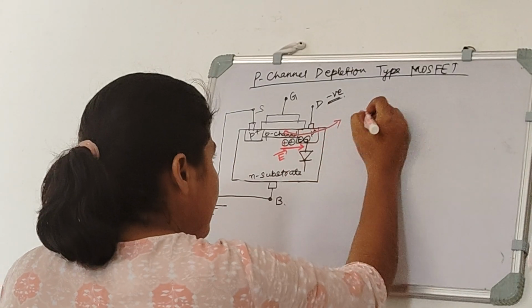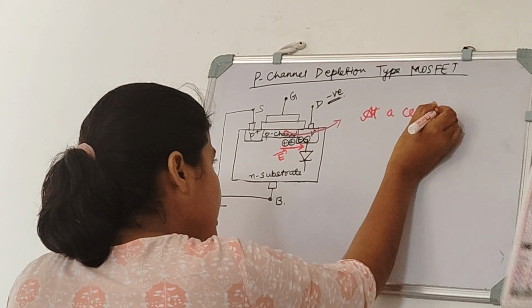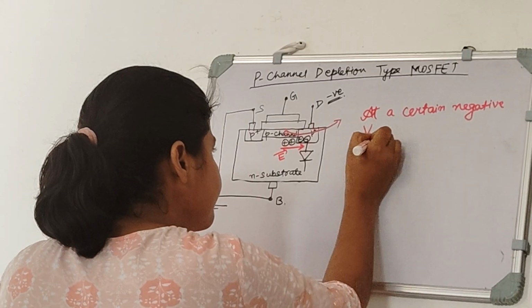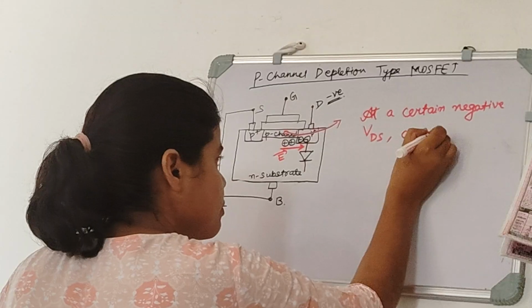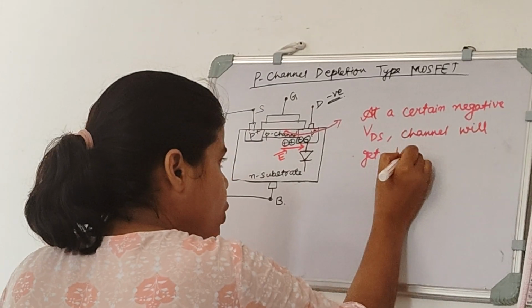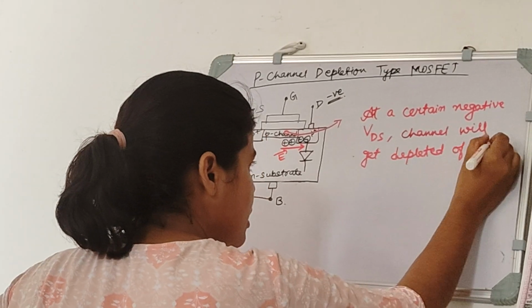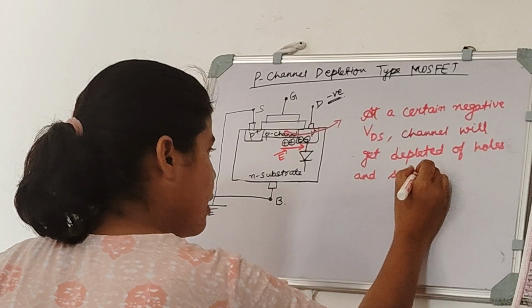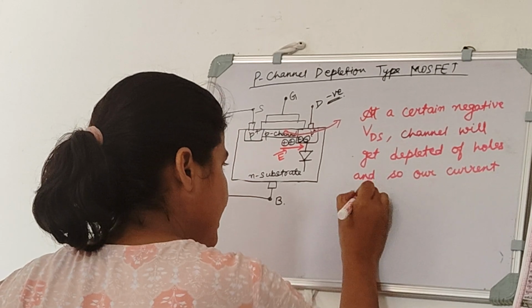Then after some time, that is at a certain negative VDS, this channel will get depleted of holes, and so our current will become saturated.